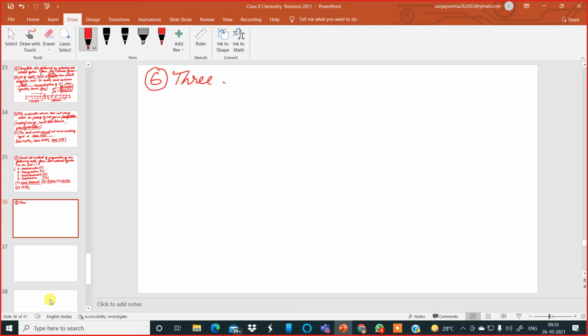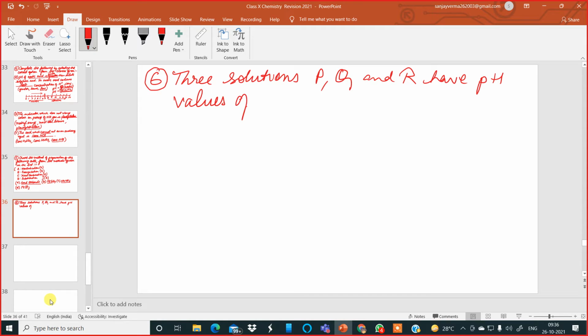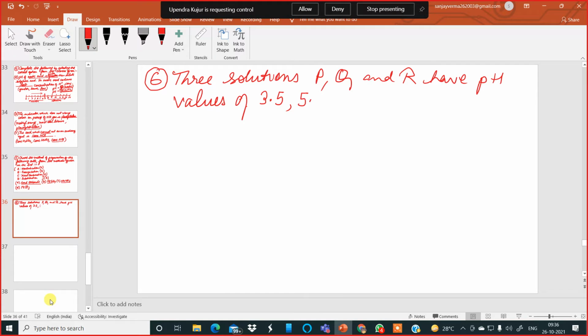Three solutions P, Q, and R have pH values of 3.5, 5.2, and 12.2 respectively.